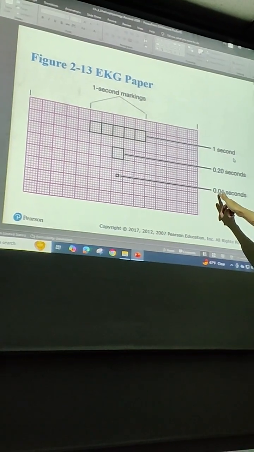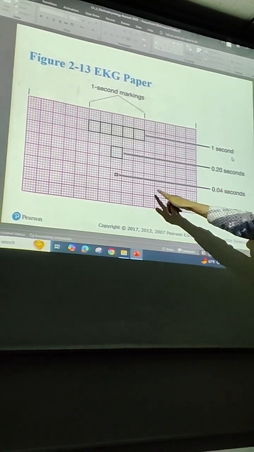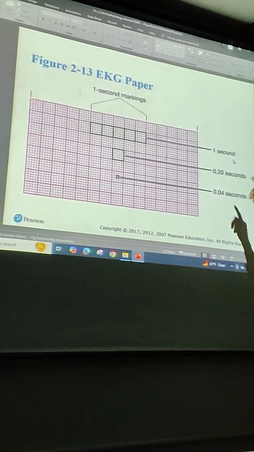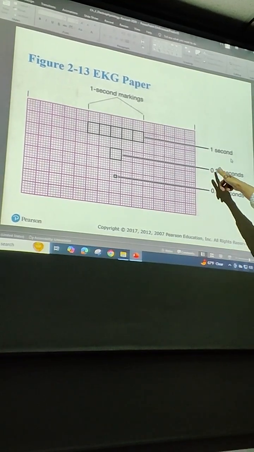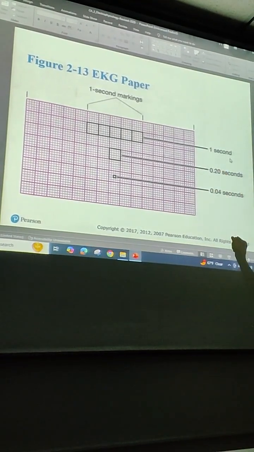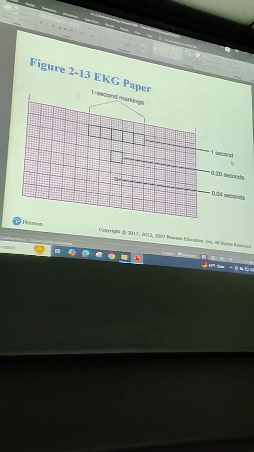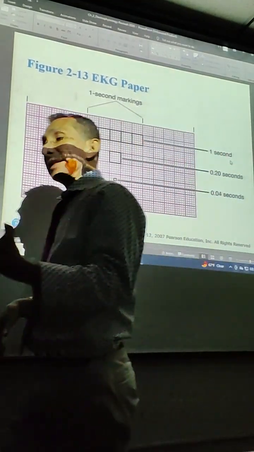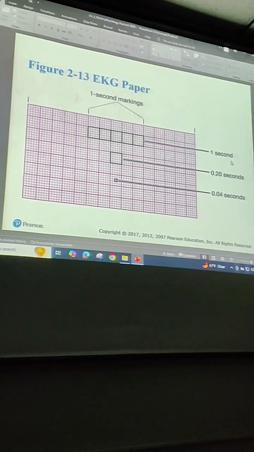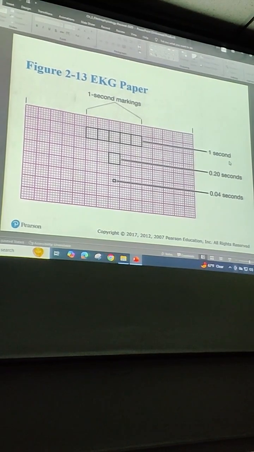Because if I multiply 0.04 times 5, just multiply 5 by 4, 20. But you have a 0 right here, so that 0, you replace it by the 2. So 0.2. You can say 0.2 or 0.20. And on the exam it is 0.20 seconds. Is that understood? Okay. Simple.